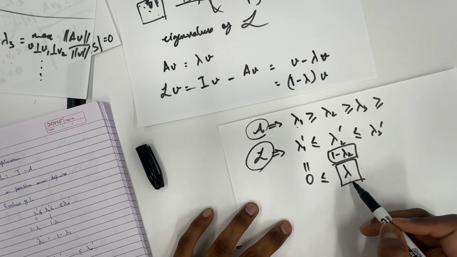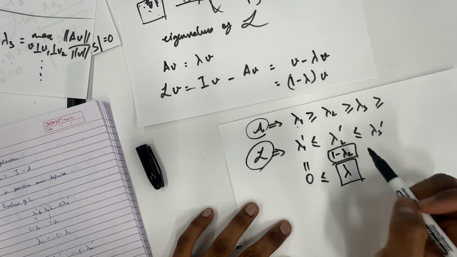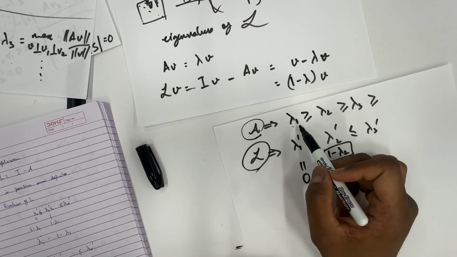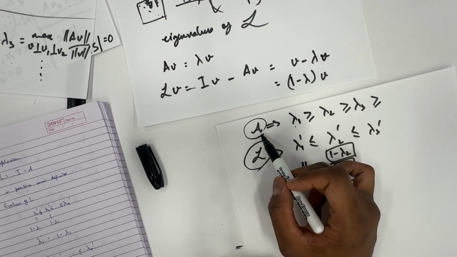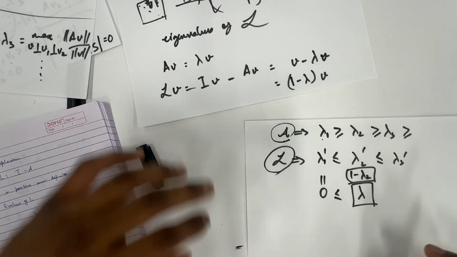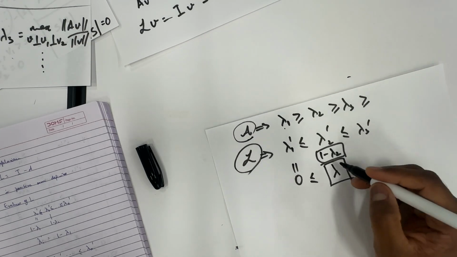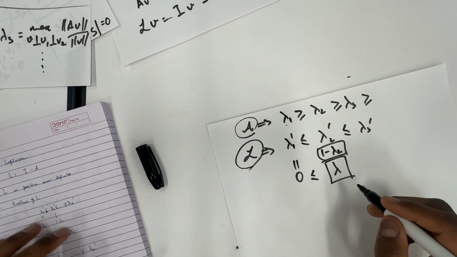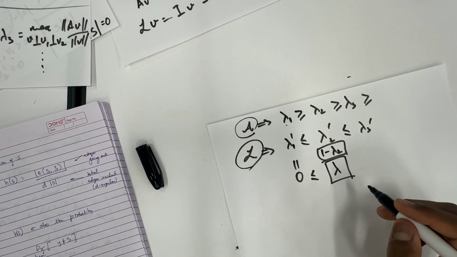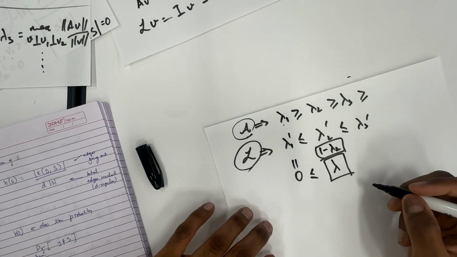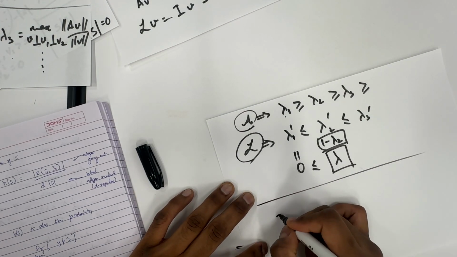I'm calling it the eigenvalue gap. This is the difference between the highest and the second highest eigenvalue of my adjacency matrix. So this is a quantity of interest. All right, we are going to look into the eigenvalue gap. Let's look at what this quantity is.